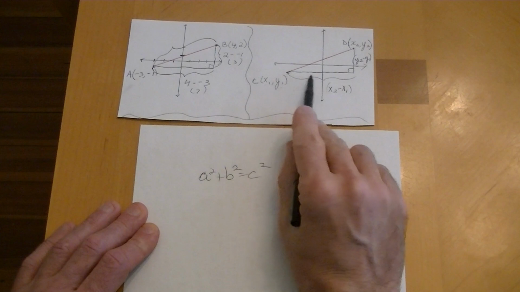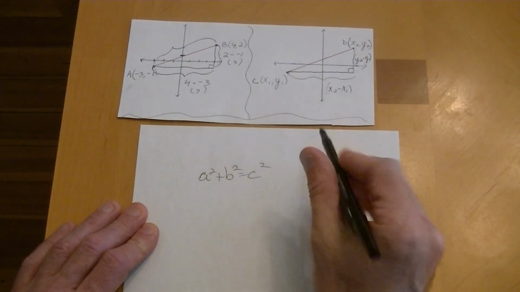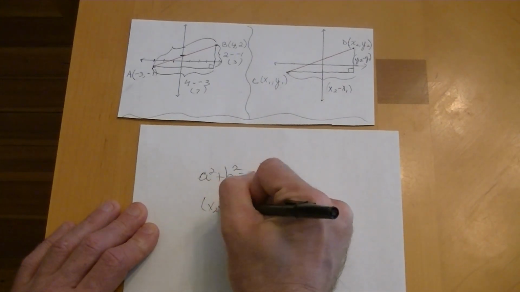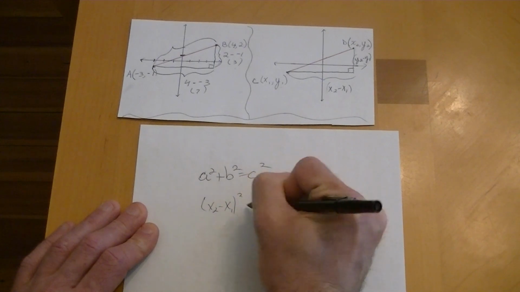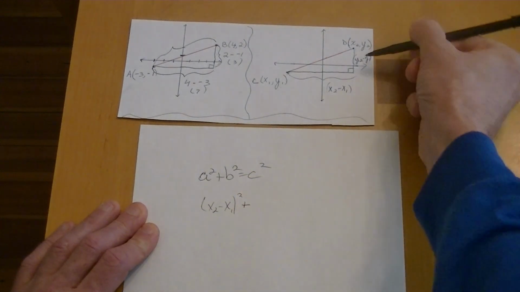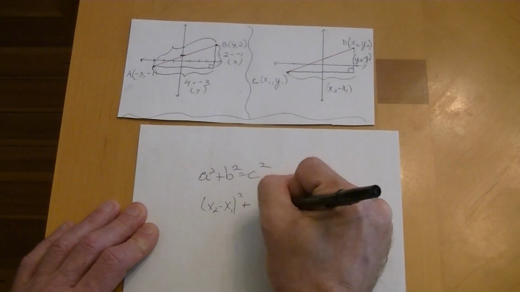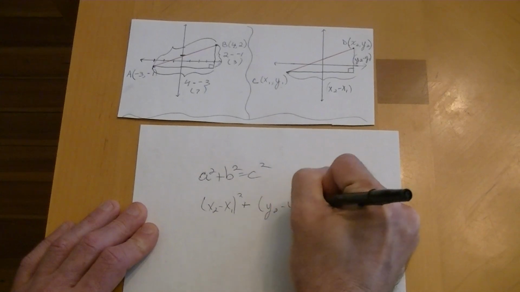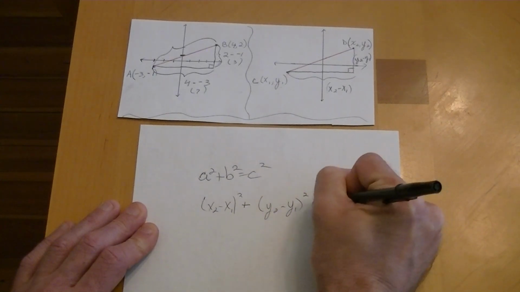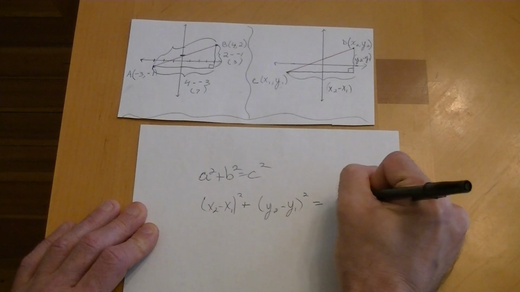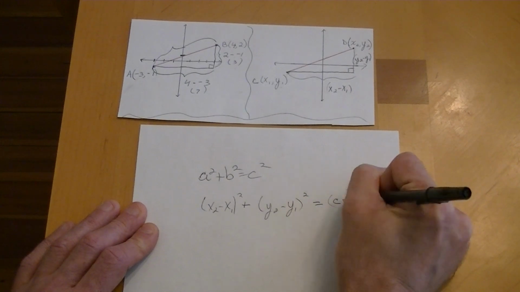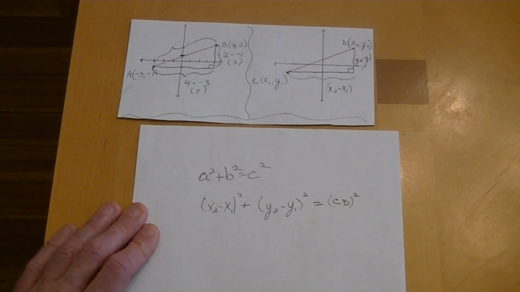This is one of my legs, so this length squared, plus this is my other leg, so that length squared is going to equal my hypotenuse, the distance from C to D squared. Leg squared plus leg squared is hypotenuse squared.